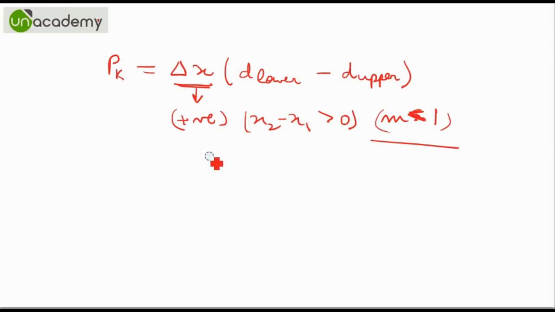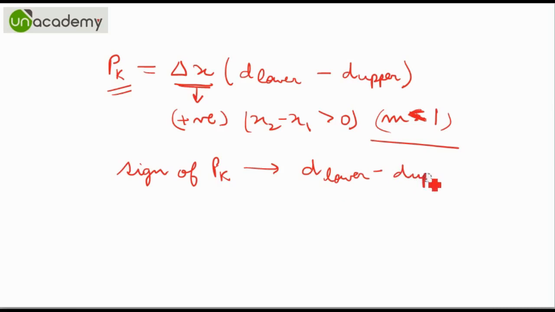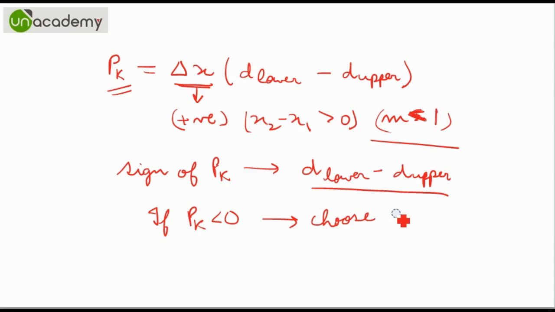Now we know that the sign of this decision parameter pk will depend on d lower minus d upper. So if pk is less than 0, then we choose the lower pixel.